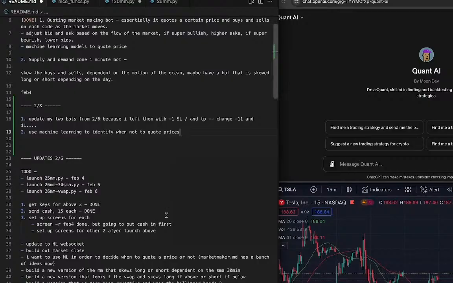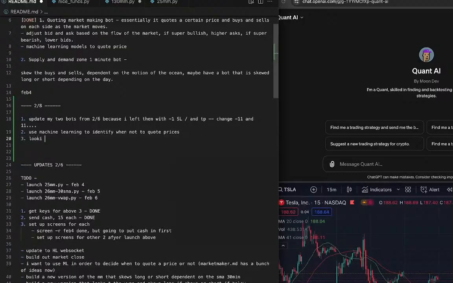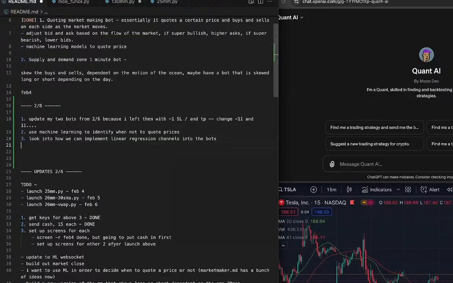I want to check out linear regression channels, look into how we can implement linear regression channels. Let's also look into Anchor instead of QuickNode for my Solana bot.